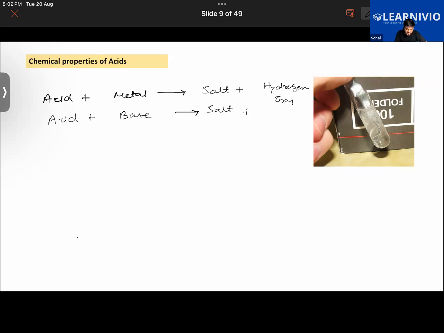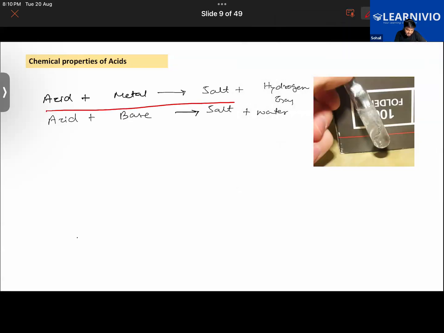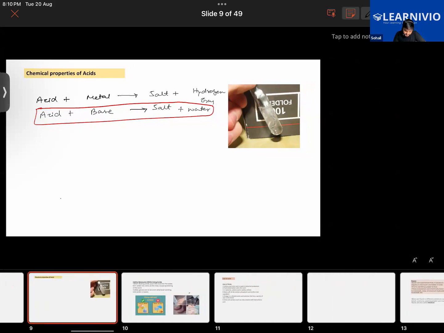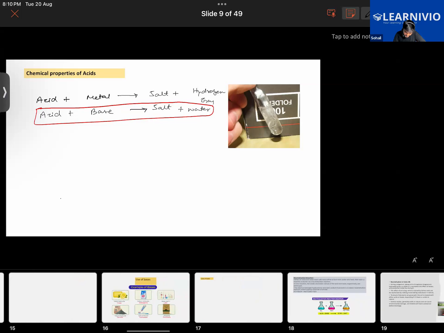Along with salt, water is also formed. In fact, this reaction you guys will be learning about in detail when we learn about the neutralization reaction. There you have to revisit this concept.